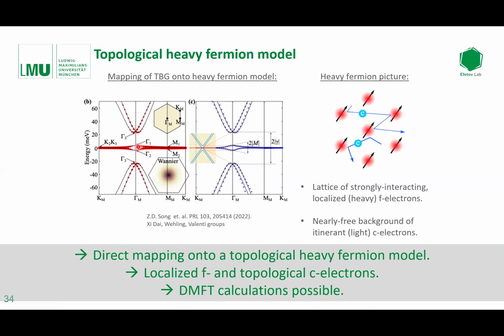If you look at the electron mass there, you would find that the electrons are light. However, closer to the M and K points, these bands flatten out dramatically. In these regions the mass is large, and these electrons tend to localize much more.